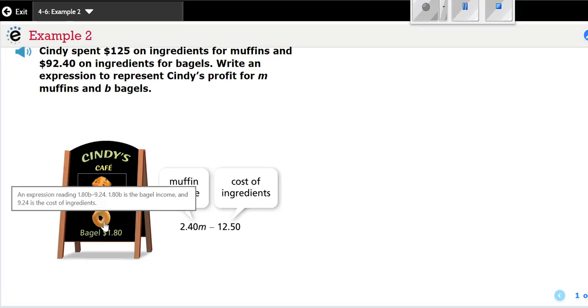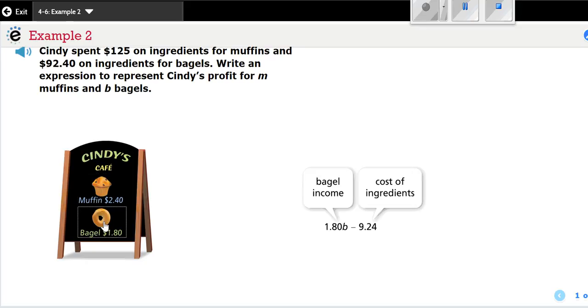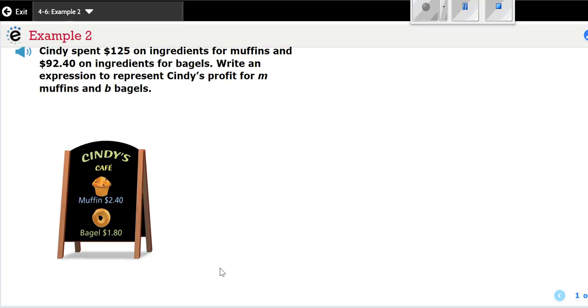There's a misprint. I think we've got to start emailing these guys and talking about this. $9.25, double misprint. Yikes. So that should be $92.40, just like it says up here.